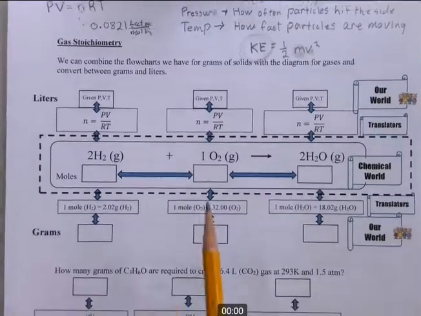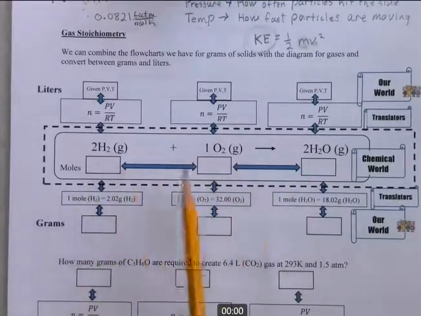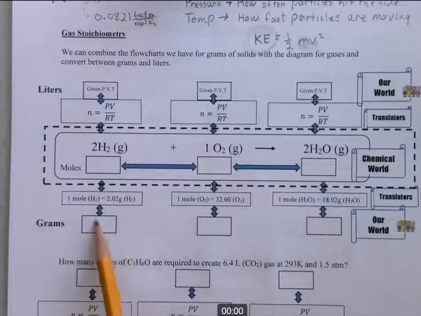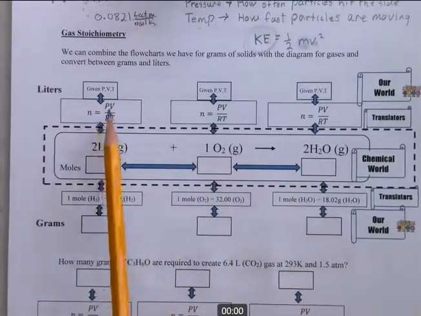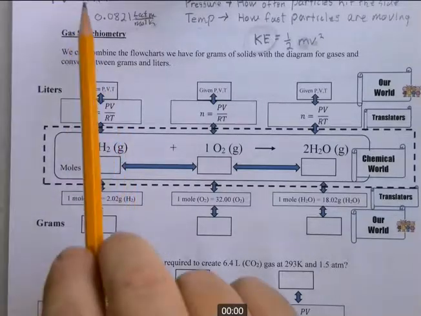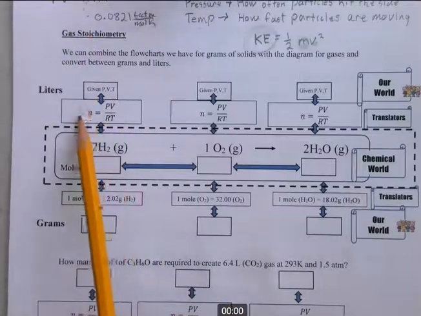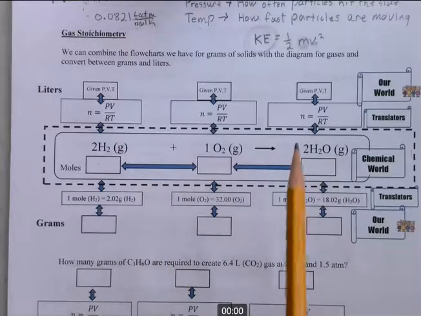Okay, so let's look at this flow chart that I made for this. It's a simple equation for water, and it includes grams down here and molar mass to get you into moles, just like the last problem. But it also includes up here that if you're given a certain pressure, volume, and temperature, using PV equals nRT, you can figure out how many moles. And remember, moles is the only language that the chemical equation speaks.